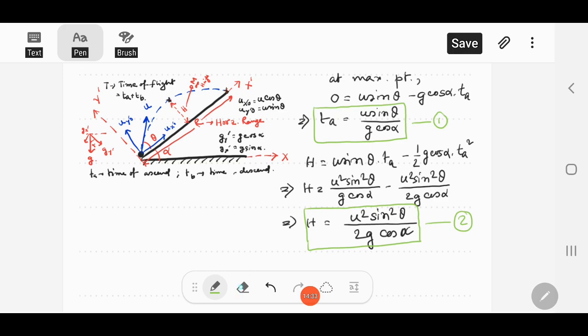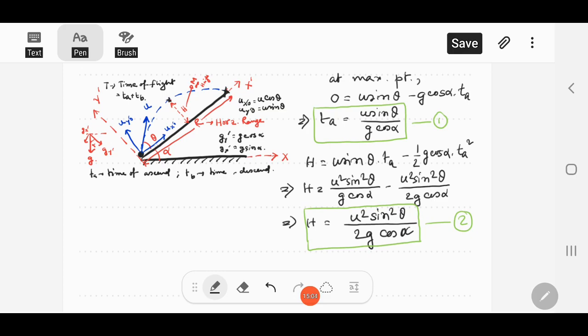So now if we consider the entire time of flight, which is t, the particle started from here and ended here. If we consider the total time of flight, the vertical displacement, the displacement along the y dashed axis, is 0.